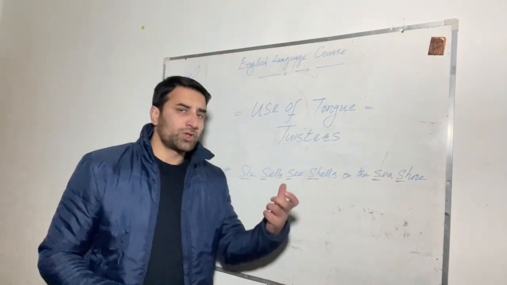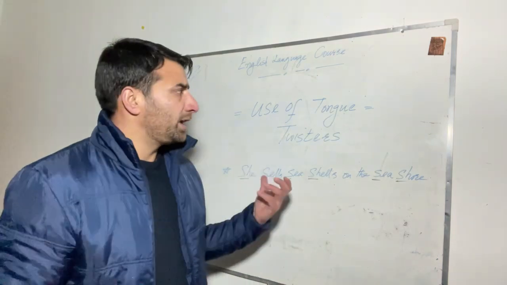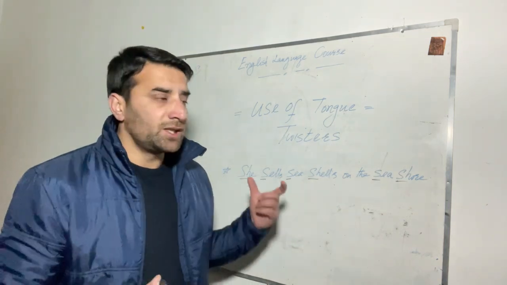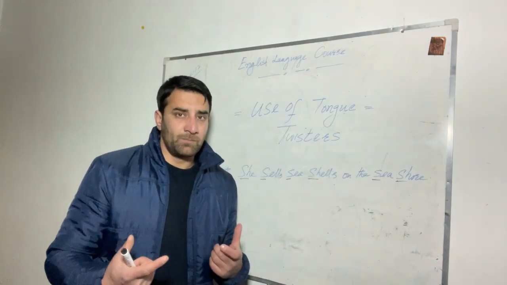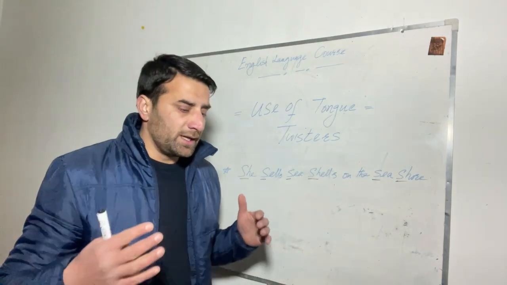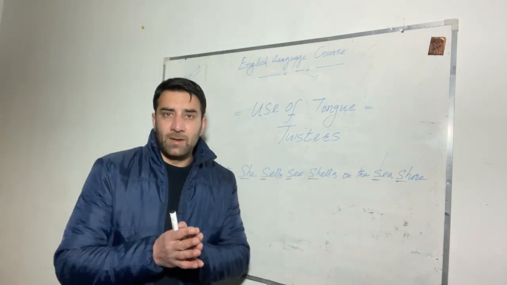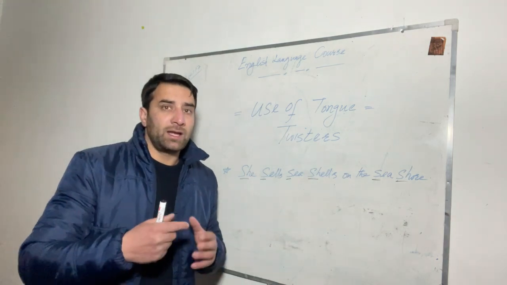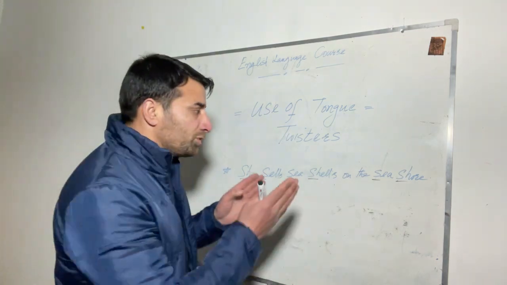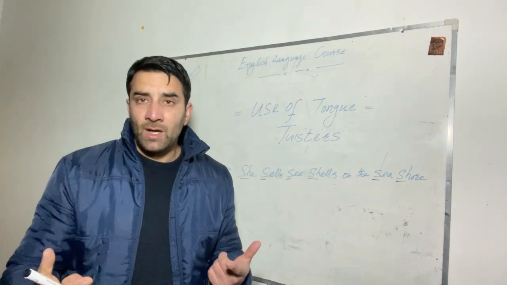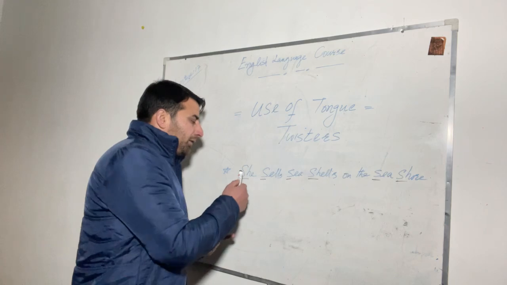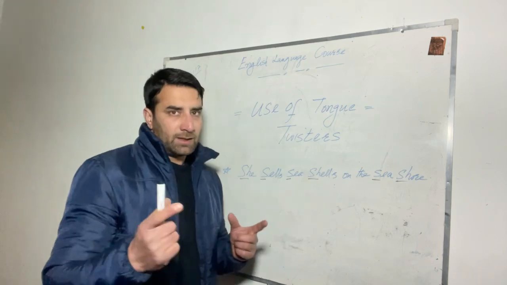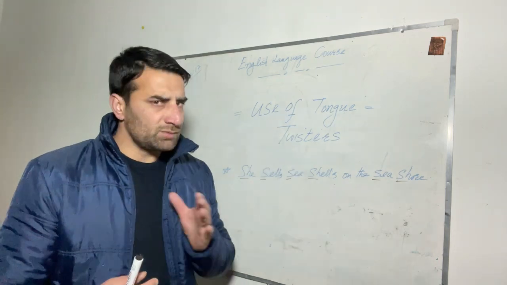Actually this s and sh, when we speak English most of the time, when we speak a sentence in English, we are unable to distinguish between the two sounds when we pronounce them. When we pronounce, when we speak a sentence, when we have a conversation with someone, what happens is that our mouth cavity, our tongue and so on, is not adapted to these very sounds. So most of the time we come up with one sound only. If it is sh here, we go for sh, then we will again go for sh. Here it is the s sound. When we talk about all the phonetic symbols, we will talk about that there.